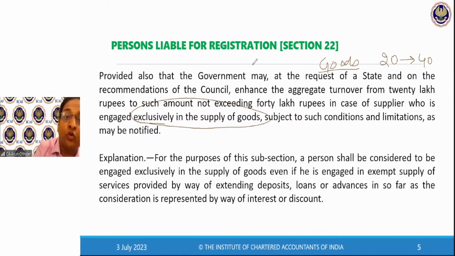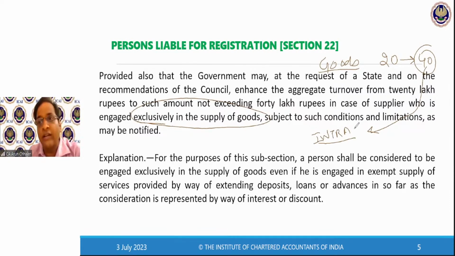But please note, this 40 lakh limit would be applicable only for intrastate supply. We are going to cover this in section 24. The first proviso says if you are making interstate supply of goods, you need to take mandatory registration.